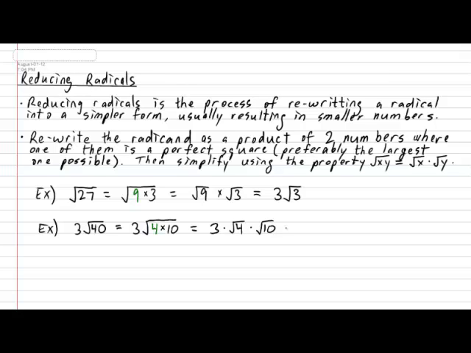Further simplifying gives us 3 times 2 times root 10, and our final result is 6 root 10. So in other words, 3 root 40 is the same as saying 6 root 10. And this can always be confirmed on a calculator.